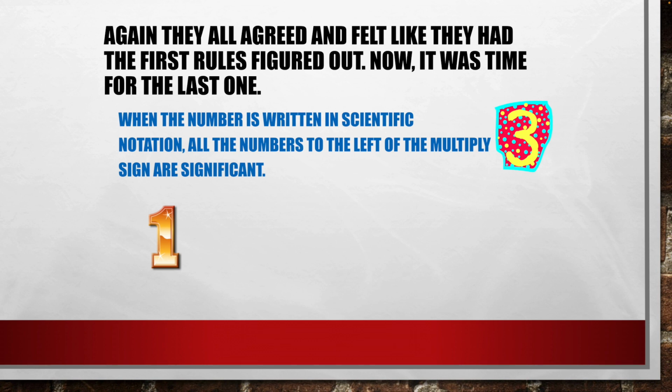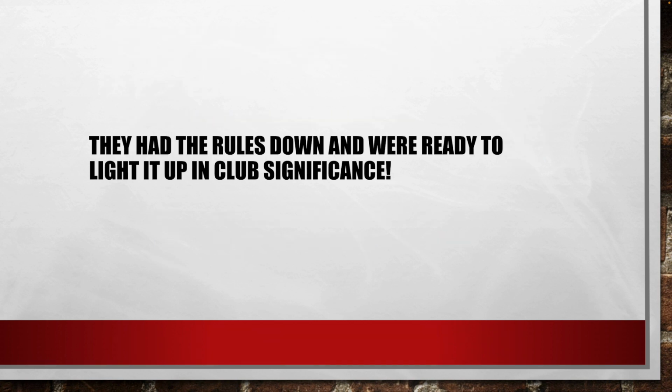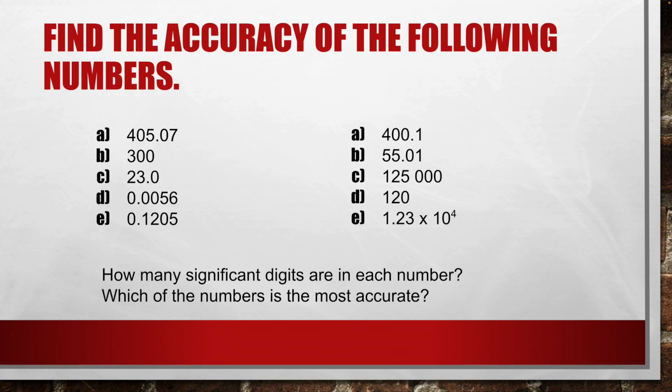And the last one, when the number is written in scientific notation, all the numbers to the left of the multiply sign are significant. So again, scientific notation is when there's a multiply sign with 10 to the power of something. Okay, so they had the rules down, they're ready to light it up in Club Significance, and they went off and had a great time.